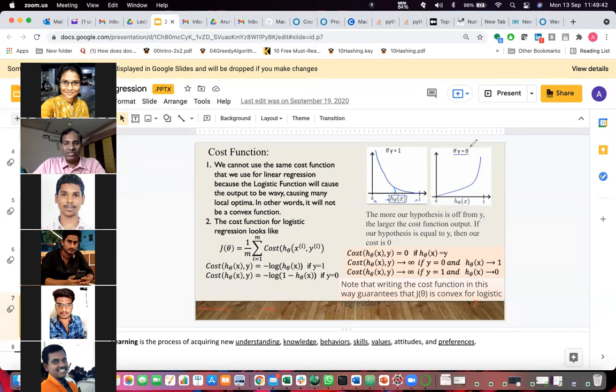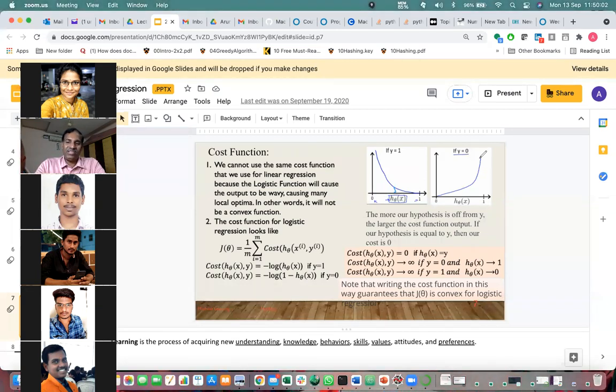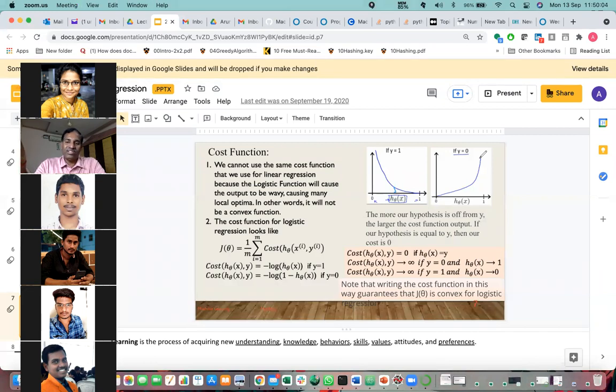Similarly, y equal to 0 you take here. Y equal to 0 means your h theta x should be close to 0, right? Then you are predicting right. But if you are predicting close to 1, your cost will become infinity. Means you are making a big mistake. So that is what we are putting in this hypothesis function, so that whenever you are coming close, when y equal to 0, then you don't make much cost.